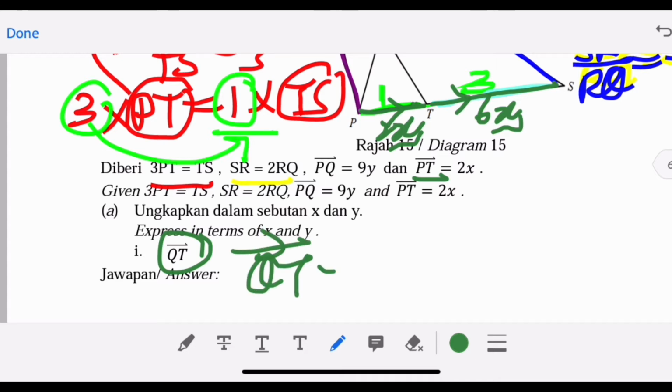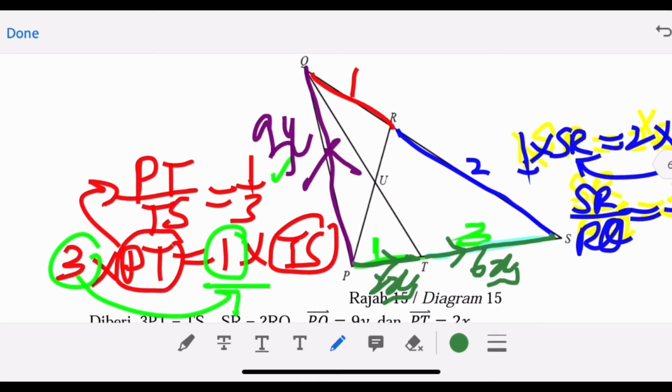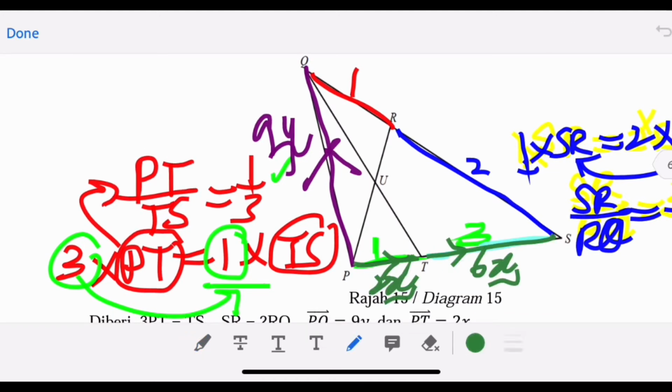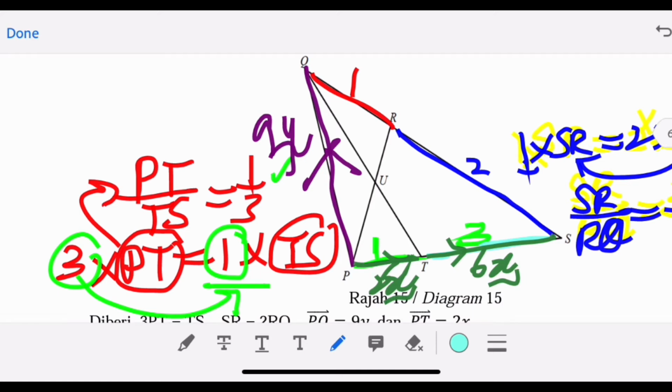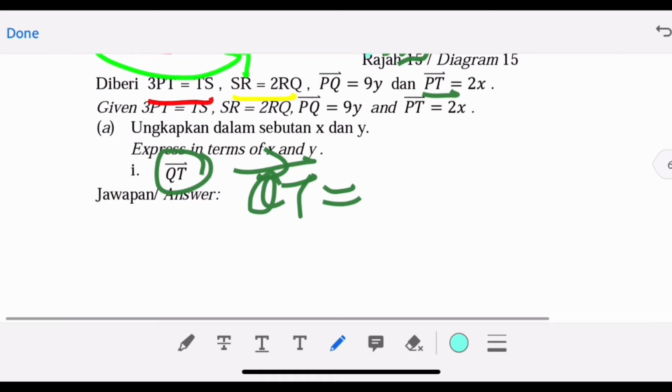So now we want to write QT in terms of x and y. So let's go to the diagram. Where is the QT? I'm going to show you the movement of the QT. Q to T is actually Q to P, which is negative 9y because of opposite direction, plus 2x, same direction, right? So it's negative 9y plus 2x.